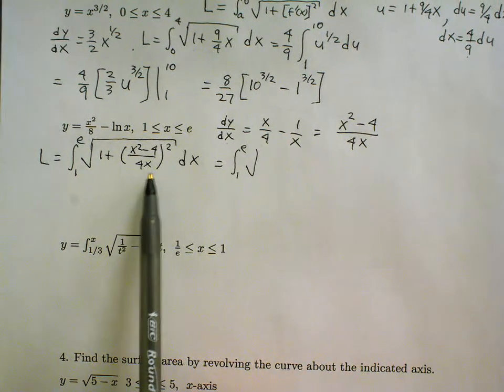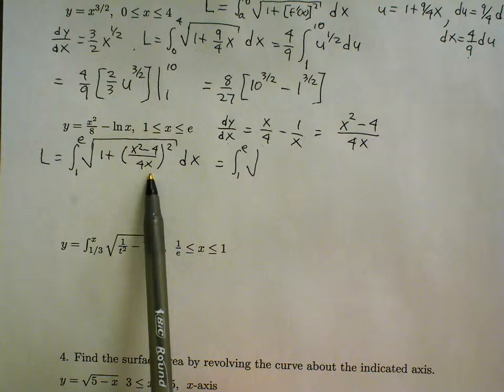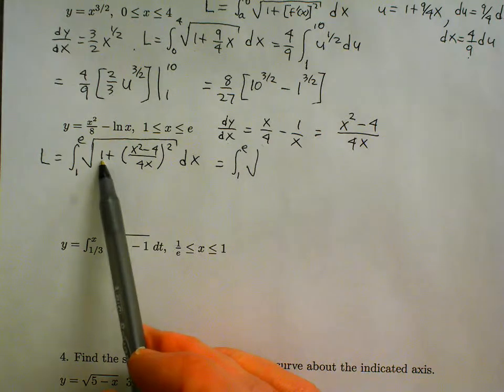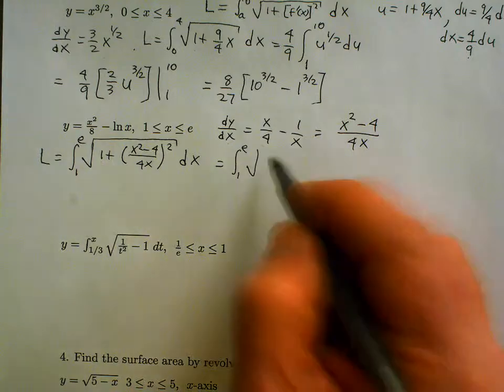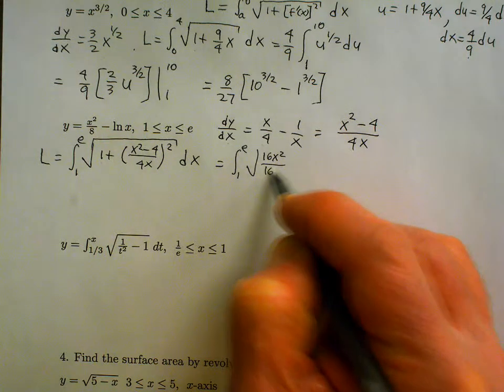So when we square this rational expression, the denominator is going to become 16x squared. So in anticipation of that, I'm going to replace 1 with 16x squared over 16x squared.